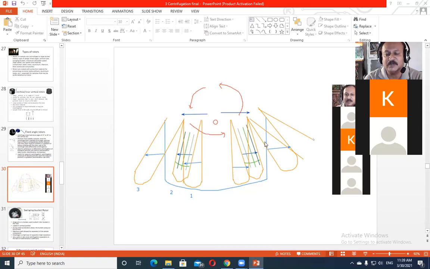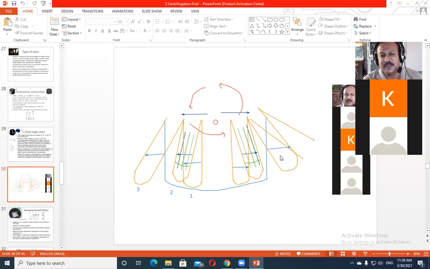In the case of the fixed angle rotors, however, because the distance the particles travel is greater, the resolution is better, but the problem is that it would take a little longer time for the sedimentation.